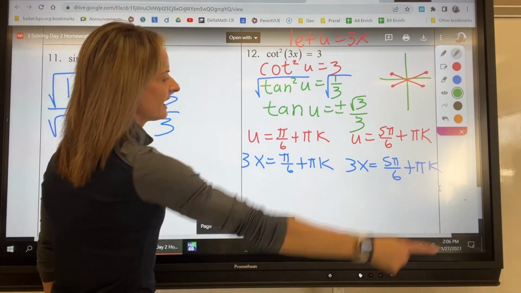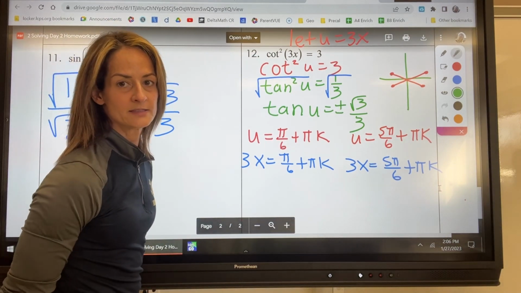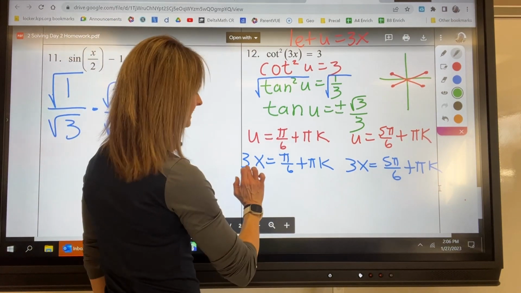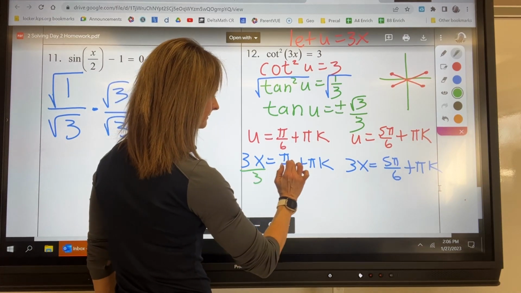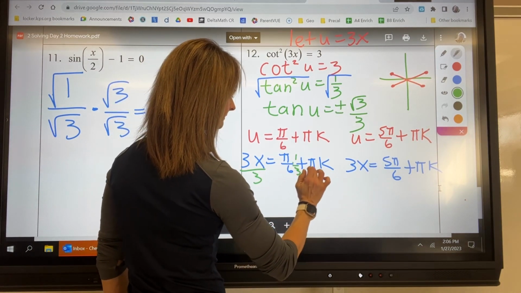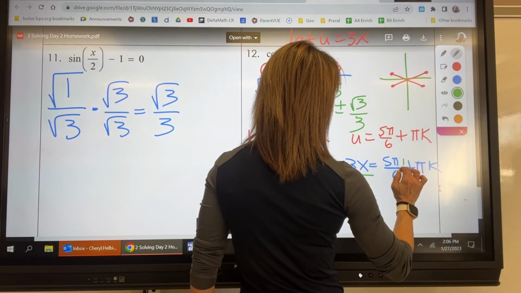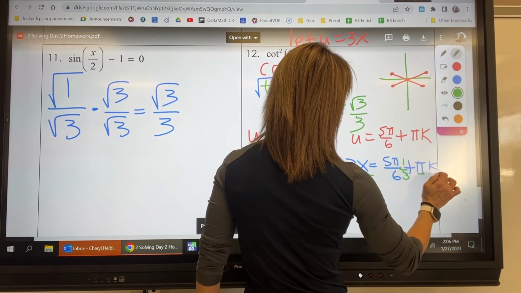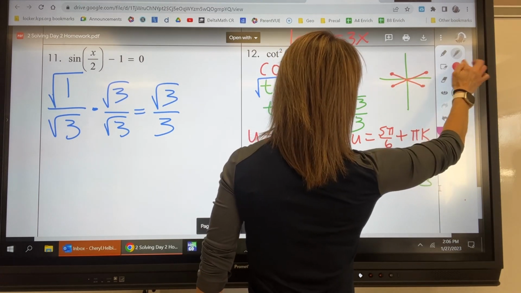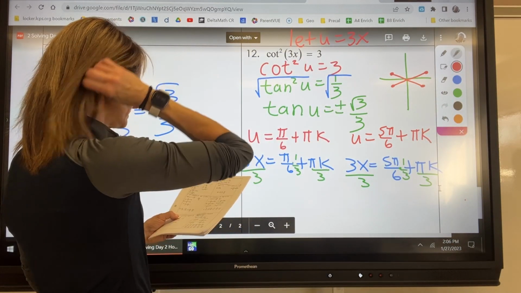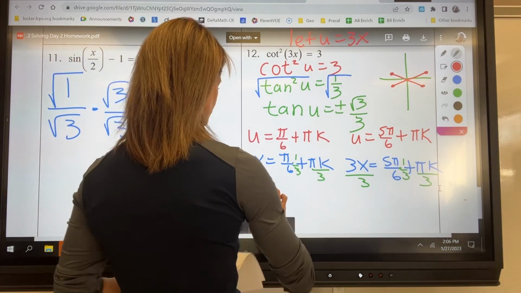Now I'm going to have to divide through both of those equations by 3 to isolate the x. So when I do that, it's like this. So the solutions are, let me make sure I write these down right.